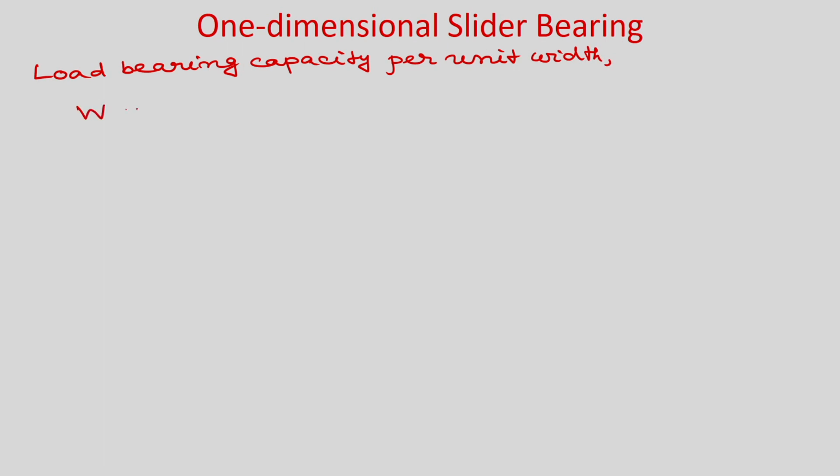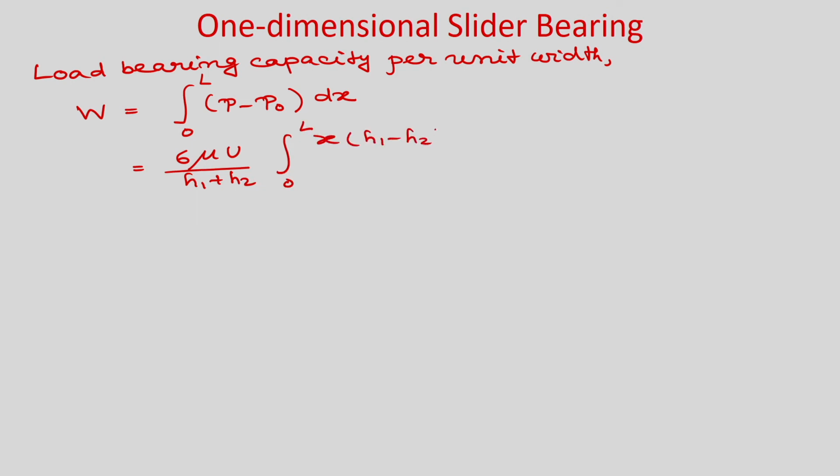So, W will be just the integral from 0 to L of P minus P naught into dx, okay, per unit width we are calculating. Now, P minus P naught we have the expression, so you can put the constant outside the integral, and integrate from 0 to L of x into h 1 minus h 2 divided by h square dx, okay, where h is h 1 minus alpha x.